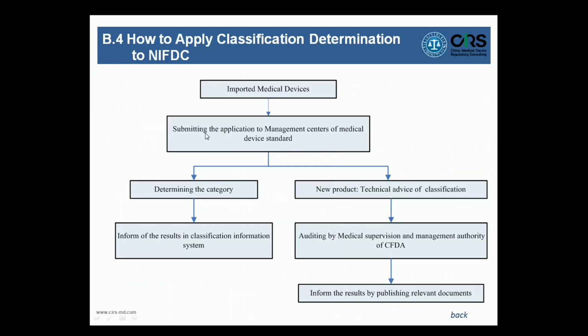First, submit the application to the Management Center of Medical Device Standards. And usually we do two steps together. One is to determine whether your product is a medical device or not. The other is to determine what the classification level of your medical device is: class 1, class 2, or class 3.